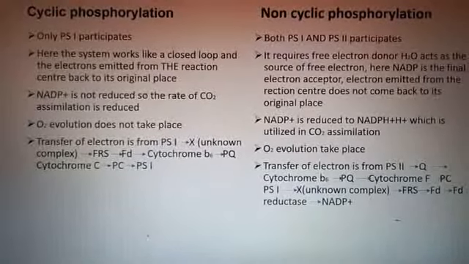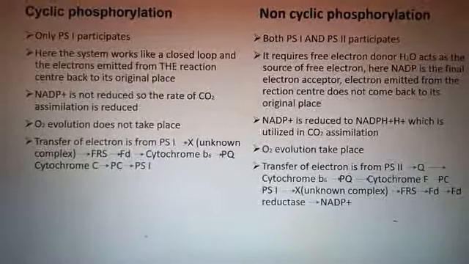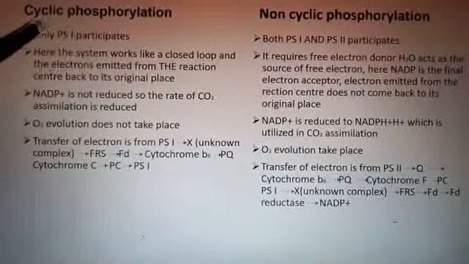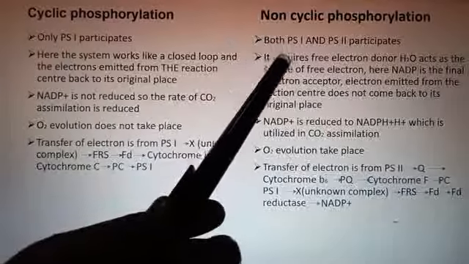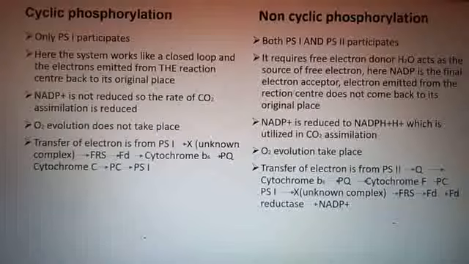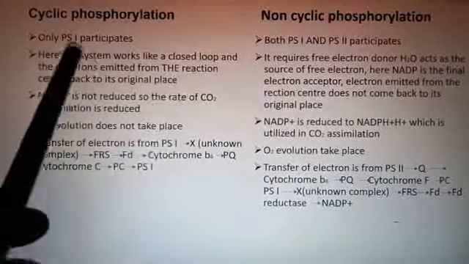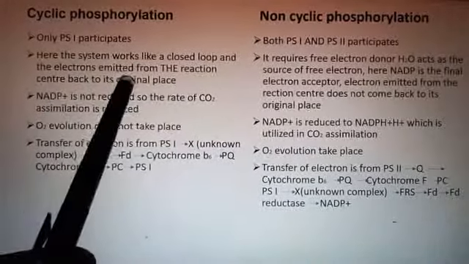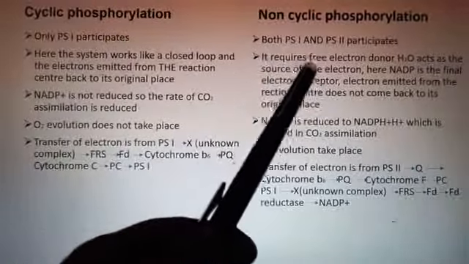The basic differences between cyclic and non-cyclic phosphorylation are listed here. The first difference is that in cyclic phosphorylation only photosystem 1 participates, whereas in non-cyclic phosphorylation both PS1 and photosystem 2 participate. The second difference is that in cyclic phosphorylation the system works like a closed loop, and the electrons ejected from the reaction center come back to their original place, whereas non-cyclic phosphorylation requires a free electron donor.